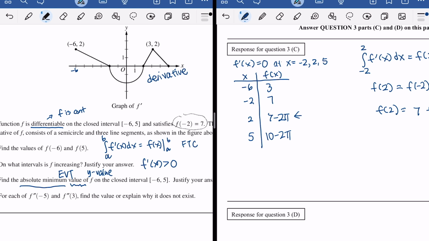Now we need to justify using the EVT. According to the extreme value theorem, we need to state f is continuous. Because the question says f is differentiable, then we know it is continuous.